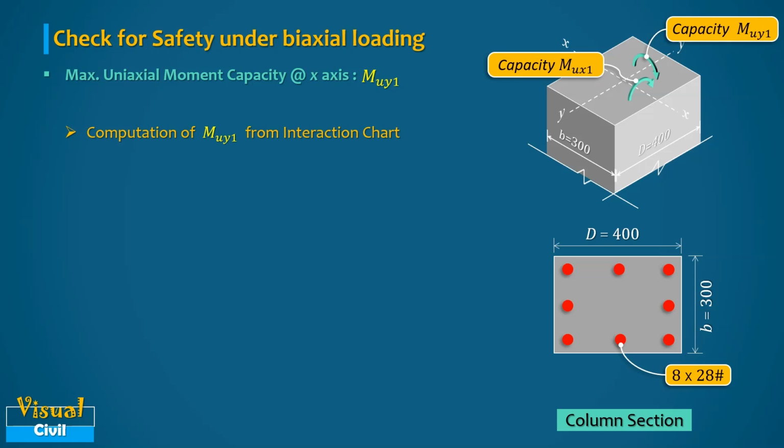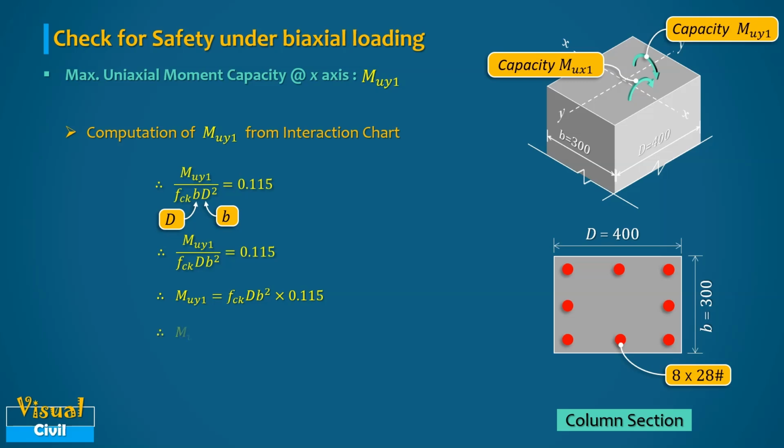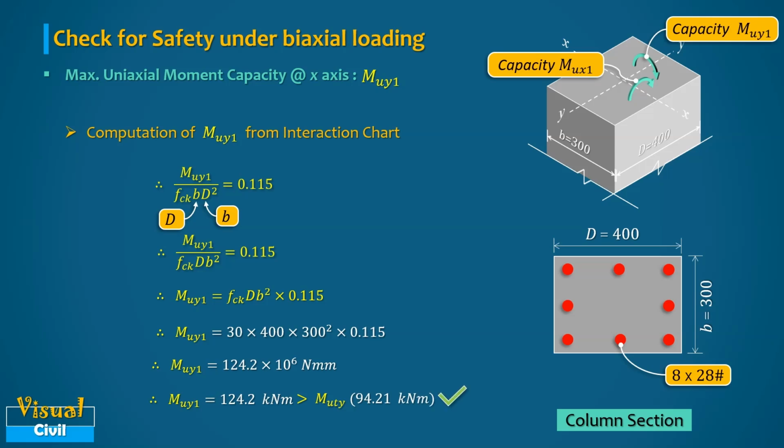As Muy1 is about y-axis, the value of b is equal to depth D and value of D is equal to width b. After putting the values of fck, b and D in this equation, we get Muy1 equal to 124.2 kilonewton meter. This is more than design moment Muty.